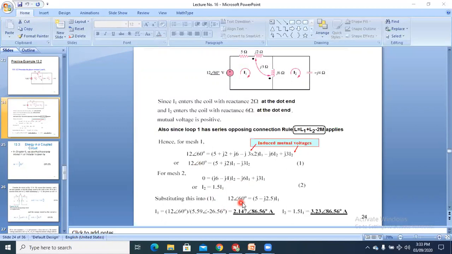So we will get the value of I1 from this relationship, and this value is 2.147 at the given phase. So 1.5 times this I1 is 3.23 at the same phase. In this way, we calculate the phasor mesh currents I1 and I2.